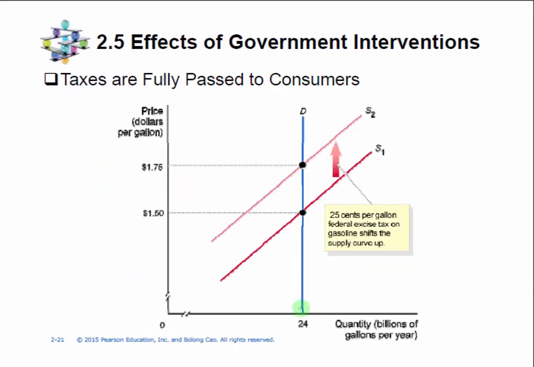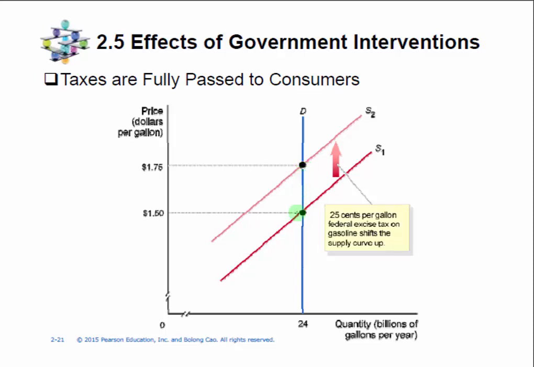Now there are also different situations. If you have a vertical demand curve, it basically says whatever the price is, the quantity demanded won't change. You increase the price, the buyers still want this 24 unit quantity. And then if there's a tax imposed, say on the sellers, the consumer will pay the whole thing.